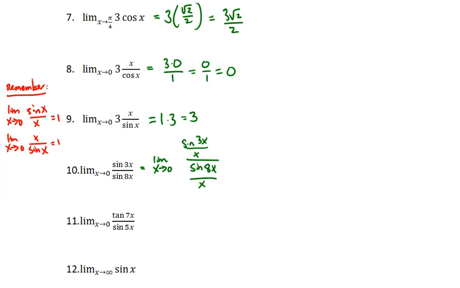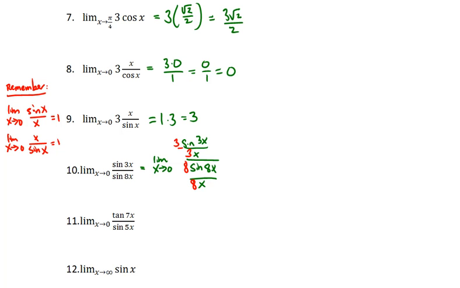So I first divide top and bottom by x, and then I need to get a 3x in the denominator of the top fraction, but then I have to multiply the numerator by 3 over 3, and that's just like multiplying by 1. In the denominator, I want 8x, and so I multiply its numerator and denominator by 8, and now the sine 3x over 3x, limit as x approaches 0, is 1.